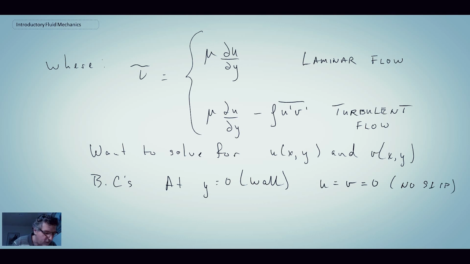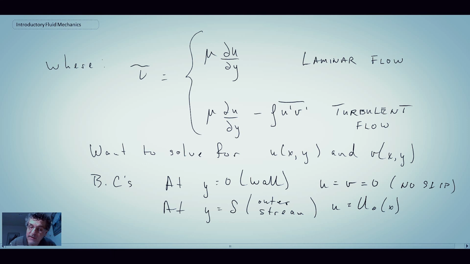I'll just write it as no slip for now. And at the outer edge of the boundary layer, that's when we get to the outer stream, which would be the external flow. And that could change as a function of position. And we refer to that as kind of being a patching between the boundary layer equations and the external potential flow solution. So those are the boundary layer equations.